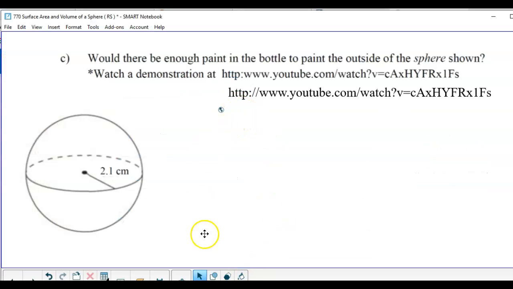In any case, the surface area of a sphere is actually 4 times the area of this inside circle. So the area of this inside circle, which is not on the outside, but it's the cross section of it, if you multiply that by 4, you actually get the surface area of the whole sphere. So it's going to be 4 pi r squared.